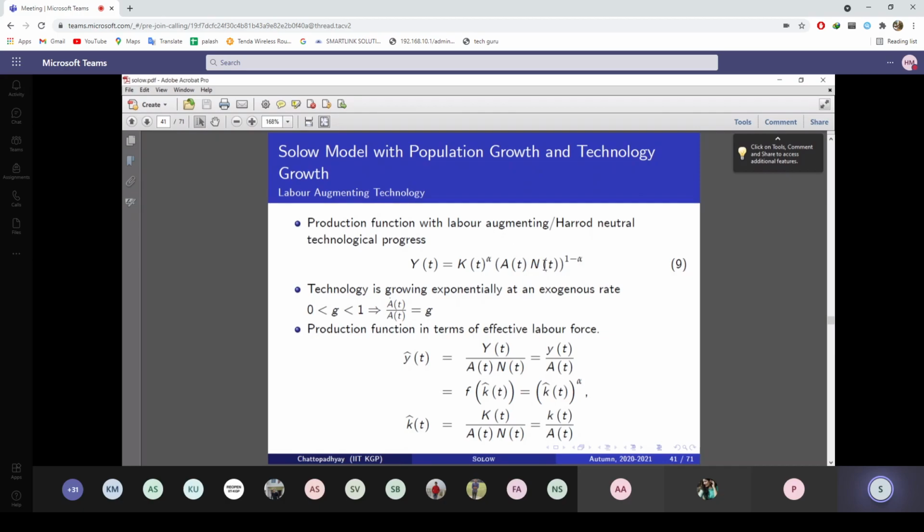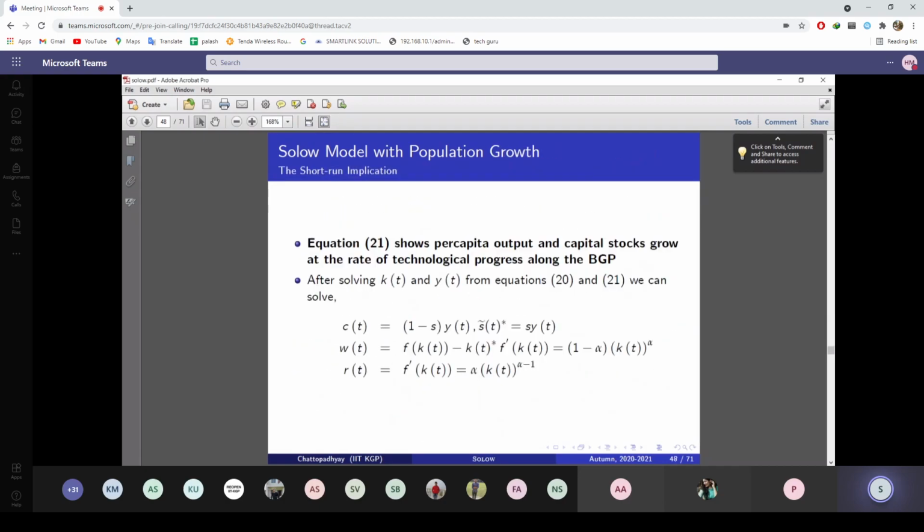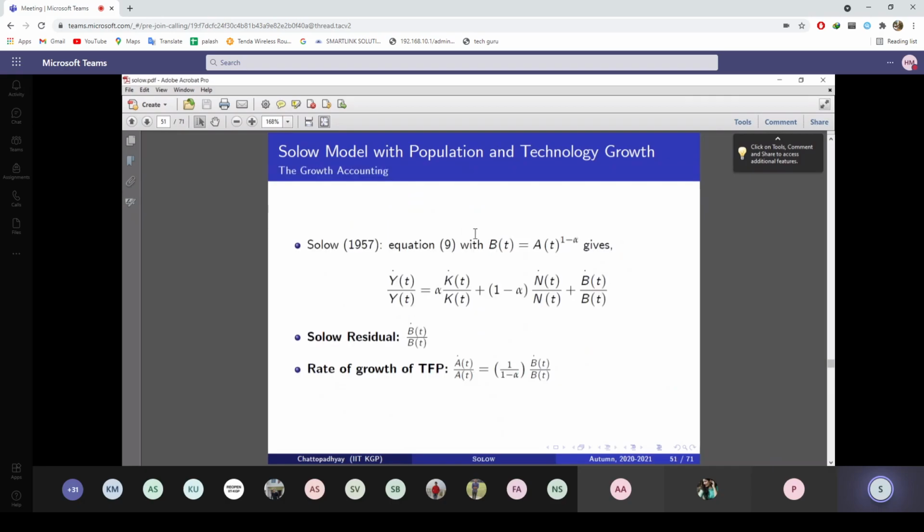So I am writing equation number 9 in that fashion, and I am defining A_t to the power 1 minus alpha as B_t. This is exactly what I have done over here. Define B_t equals A_t to the power 1 minus alpha, then equation number 9 becomes capital Y_t equals capital B_t, capital K_t to the power alpha, and capital N_t to the power 1 minus alpha.